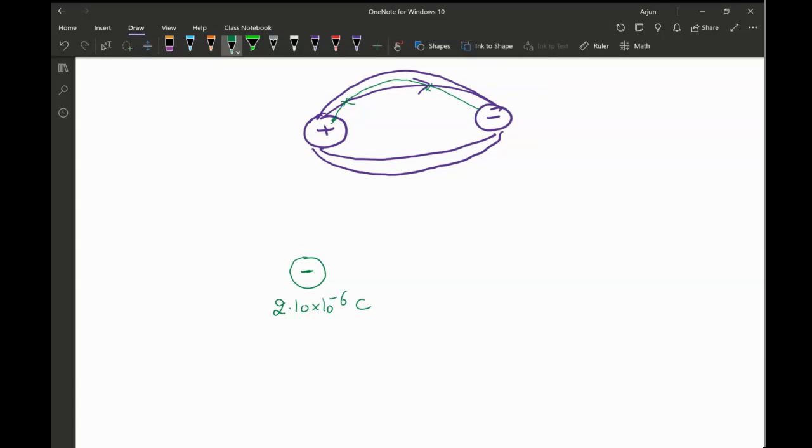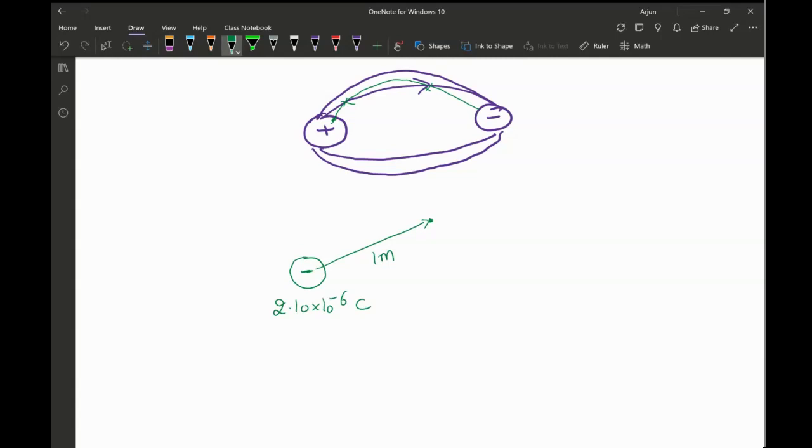And I have to find the electric field value at a certain distance. The distance is not given to me, so I will assume it. Let's say it is at a distance of 1 meter. Let's keep the question relatively easy.